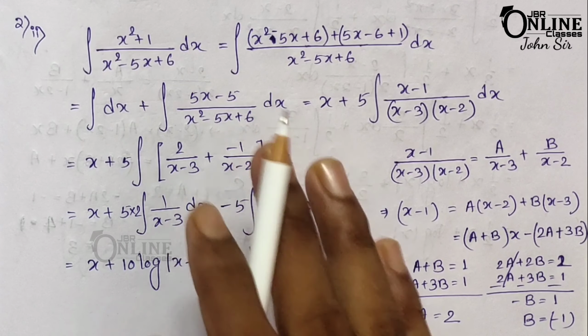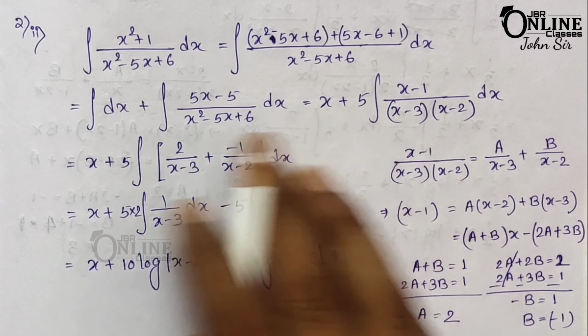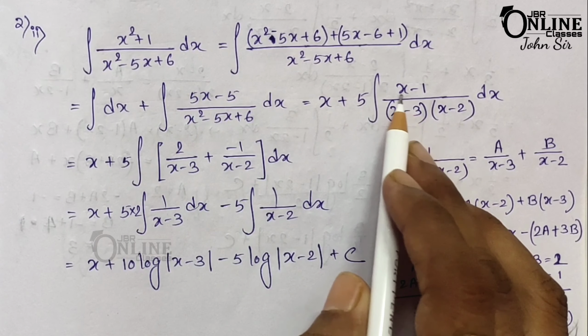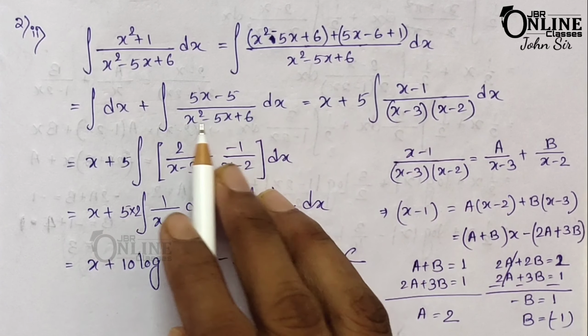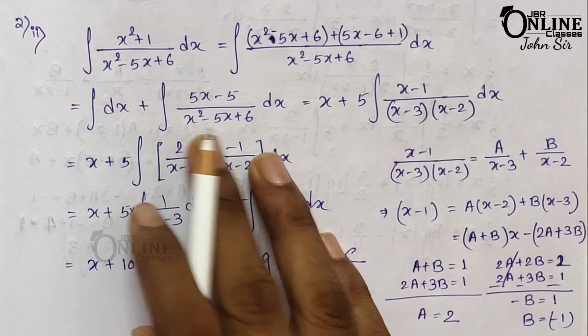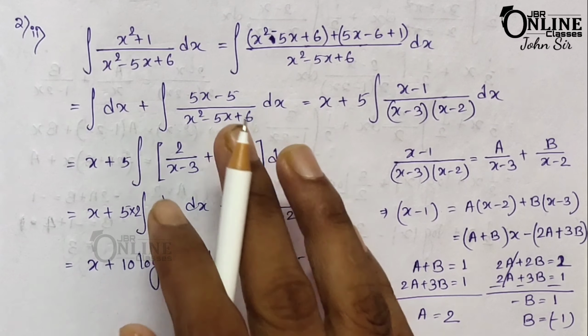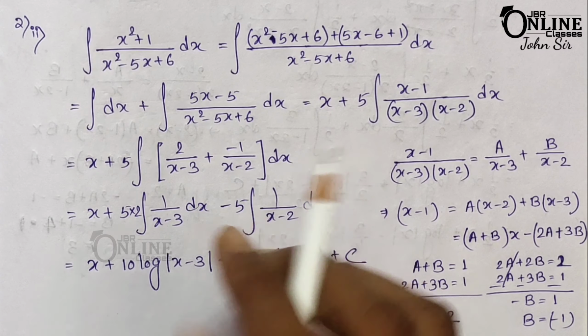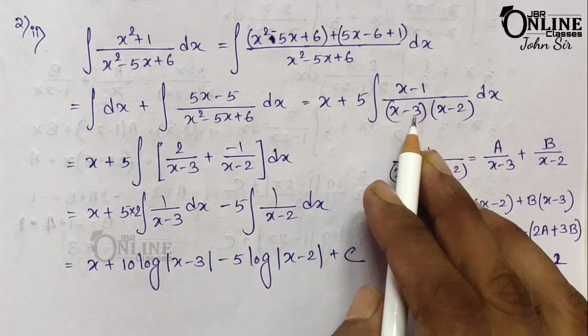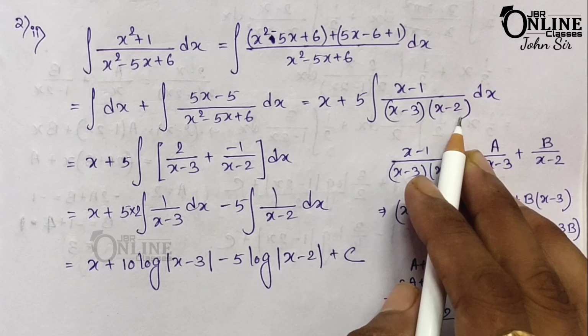And you have to apply partial fractions for the integration. Now 5 will be common, so (x minus 1) is the numerator, and the denominator is a quadratic, so you can factorize it by the middle term factorization method, and you will get (x minus 3)(x minus 2). Now let this equal A by (x minus 3) plus B by (x minus 2).